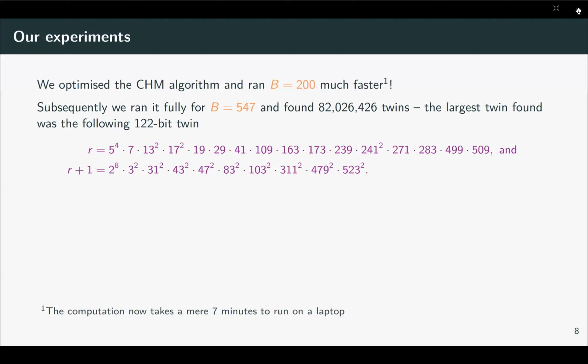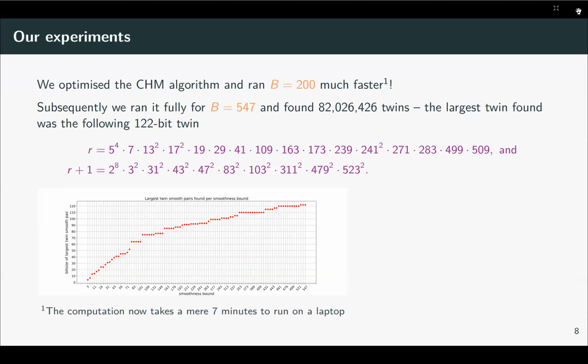If we can run B equals 200 much faster, then we can expect to run it for a larger B. In particular, we ran it fully for B equals 500 and found this number of B-smooth twins, and this is the largest one that we found. And this is a plot of all of the largest B-smooth twins going from the smallest all the way up to 500.